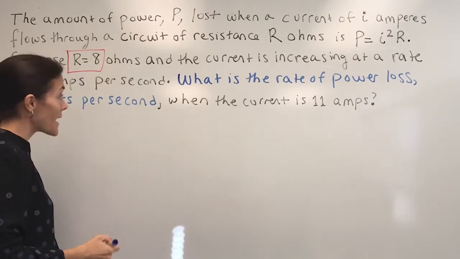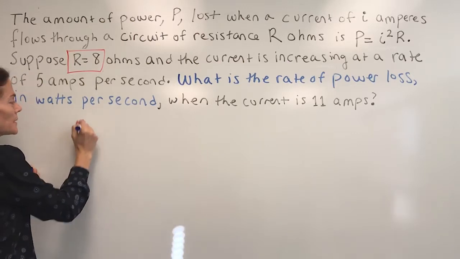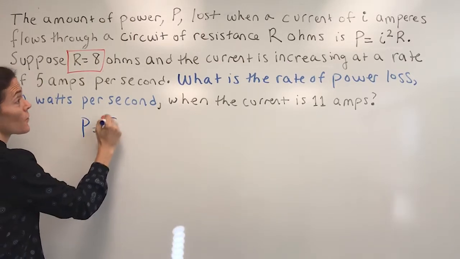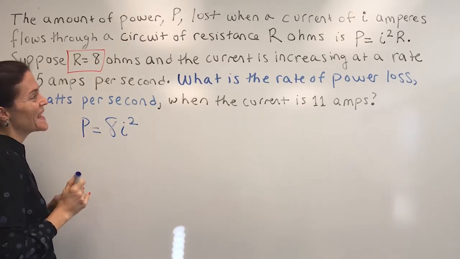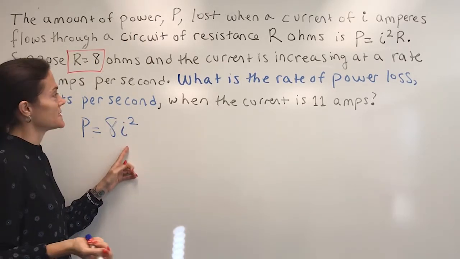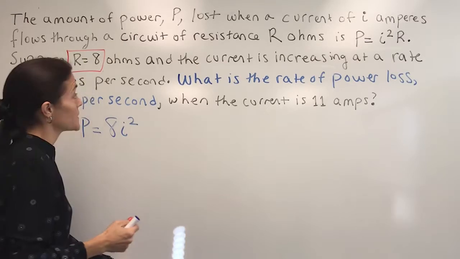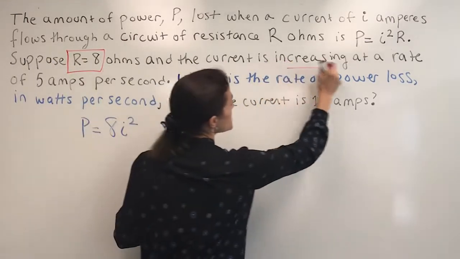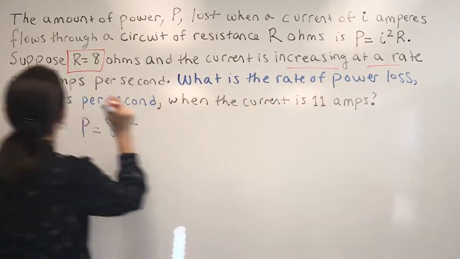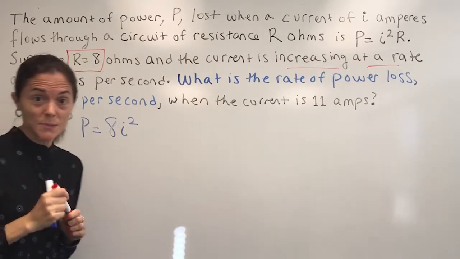So I can write the power lost, P, in the form 8I squared, okay? But I is not a constant. I is changing with time, as we can see if we continue to read. The current is increasing at a rate of 5 amps per second.